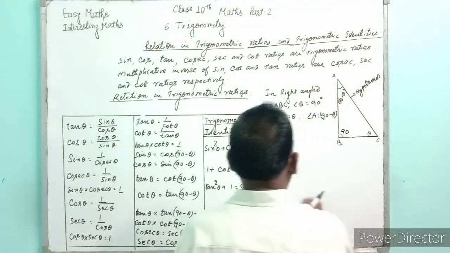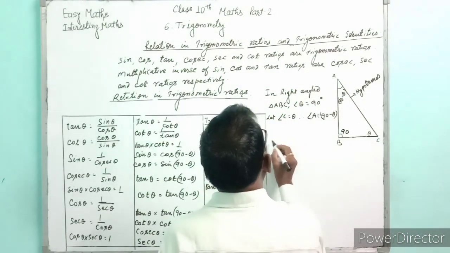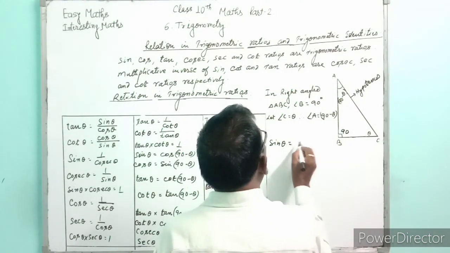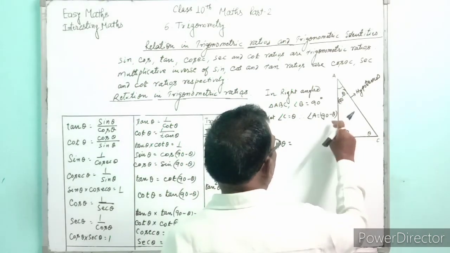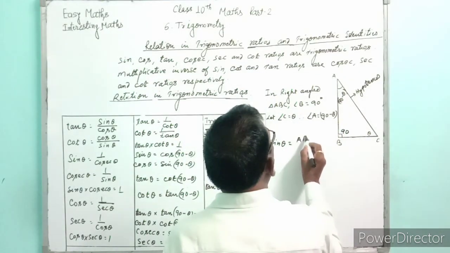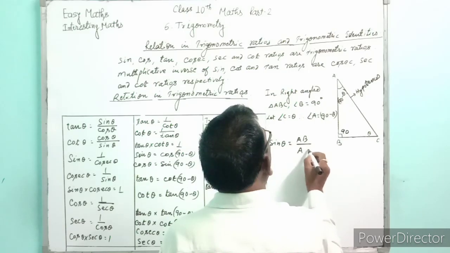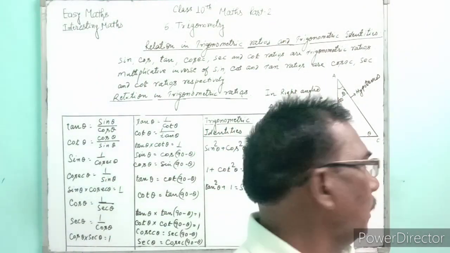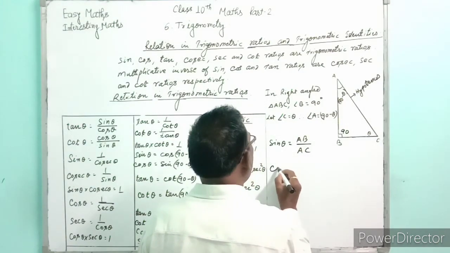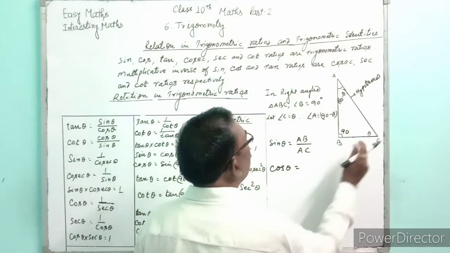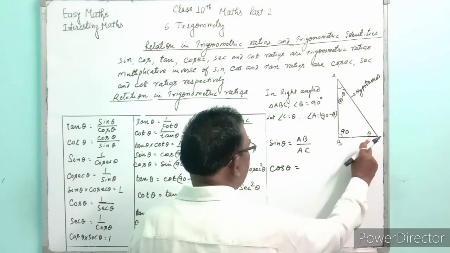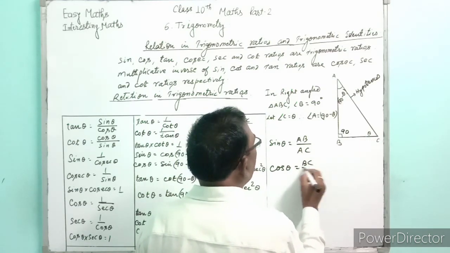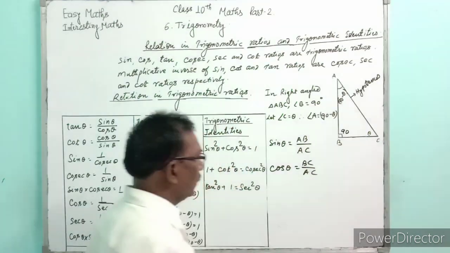Now, from this figure, sin theta is equal to AB by AC. Next, cos theta is equal to the adjacent side of angle theta, that is BC, by hypotenuse AC.